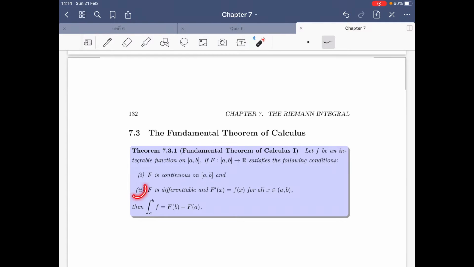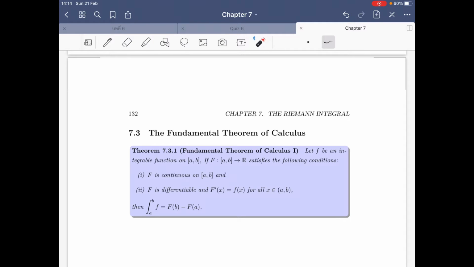The second one is that capital F is differentiable, and F prime equals the small f x for all x in the open interval ab. Then the integration from a to b of the function f is simply calculated by capital F at b minus capital F at a.